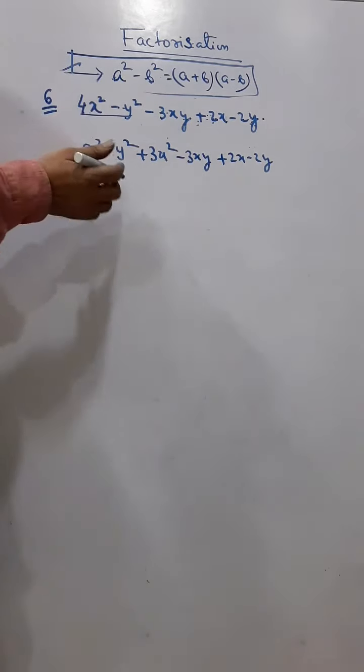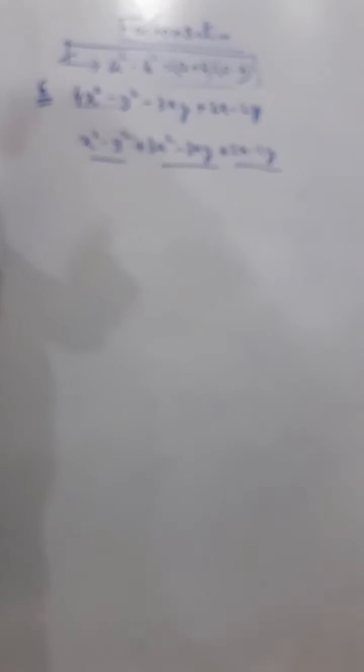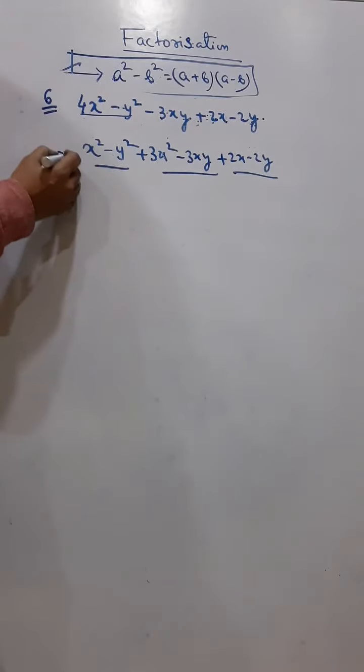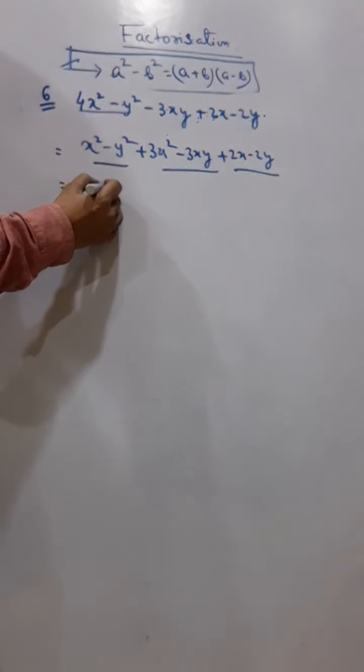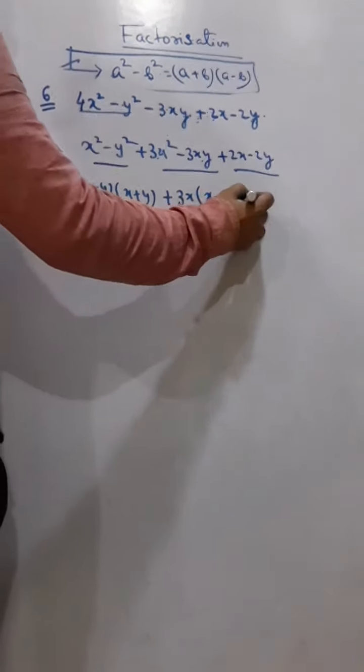And now I can break this into these 3 groups. So these 3 groups if I factorize, then finally I can take something common in all. I can write this one in form of x minus y and x plus y. I can take 3x common here. What I get? X minus y. And here I can take 2 common. I get x minus y.